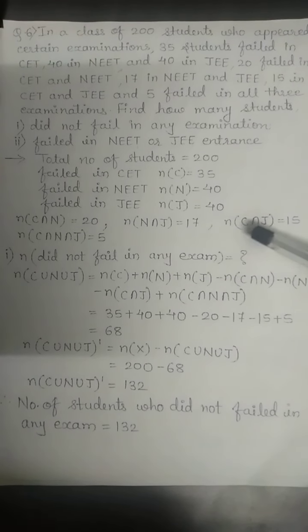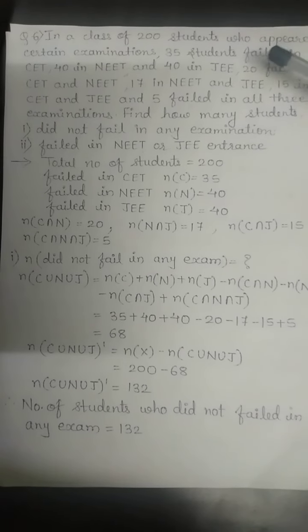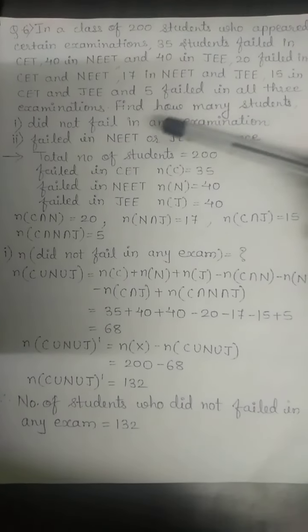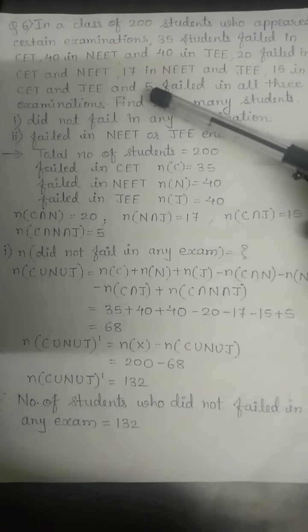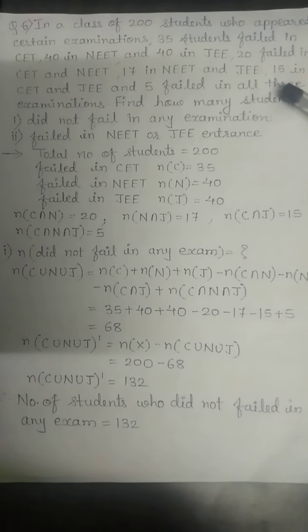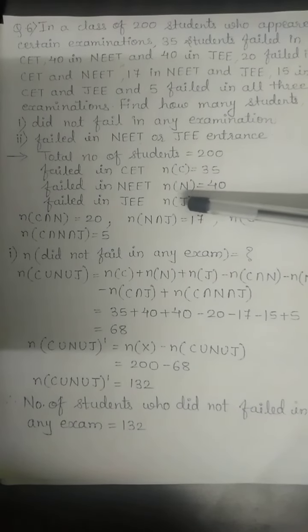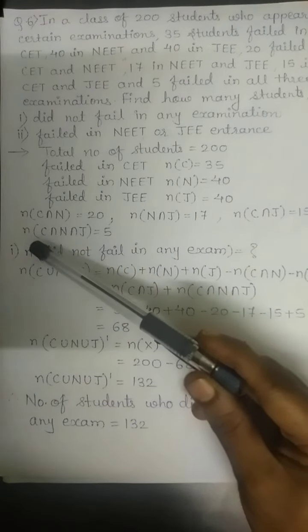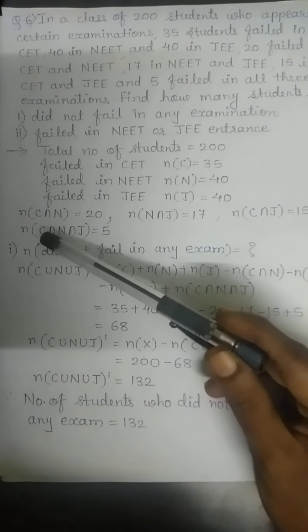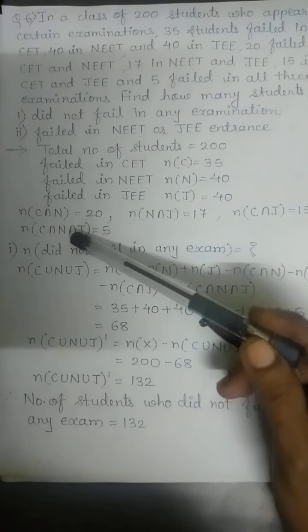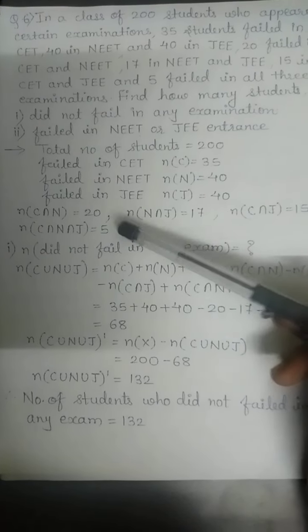And the number of elements present in C intersection J is equal to 15 according to the information given. And one more thing is given, that 5 failed in all 3, that means C as well as N as well as J. So the number of elements present in C intersection N intersection J is equal to 5.